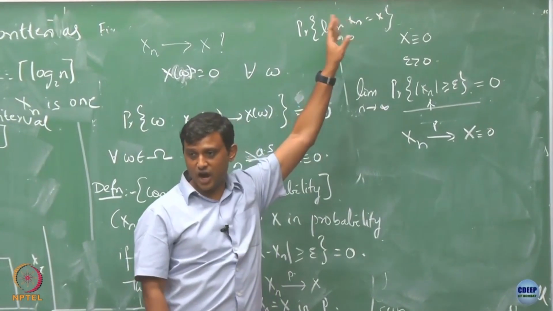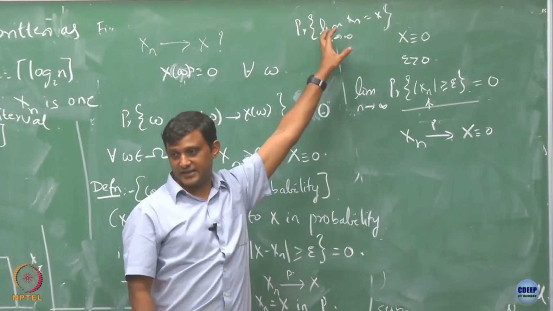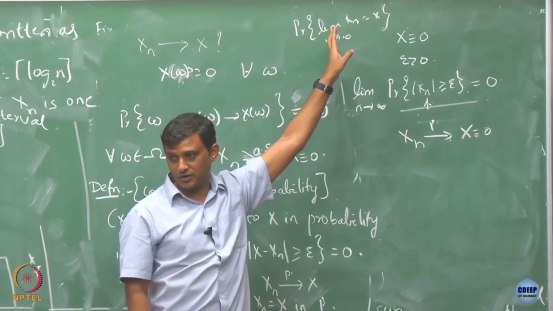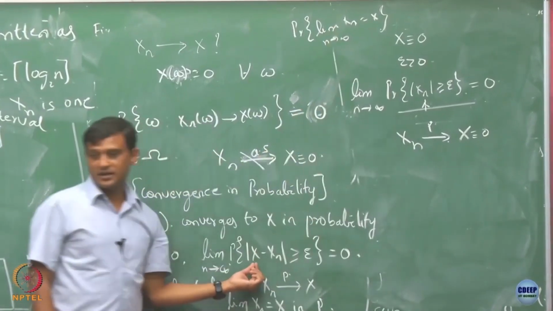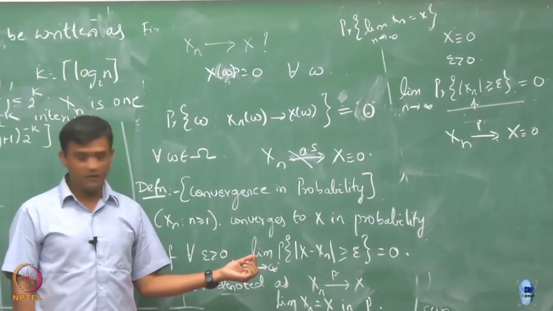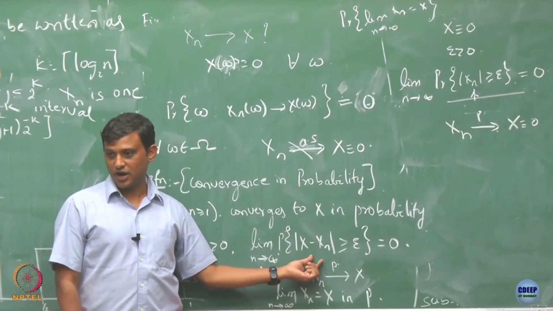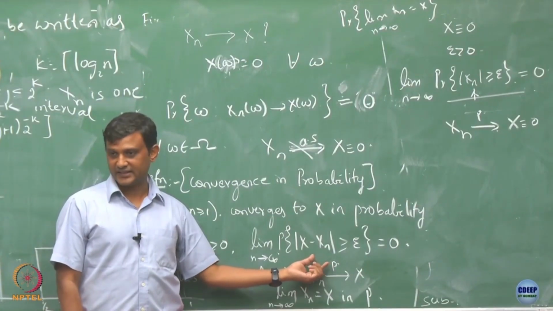So the entire joint distribution of the entire sequence affects the definition of almost sure, whereas convergence in probability only looks at the pairwise joint distribution of Xn and X at any time.